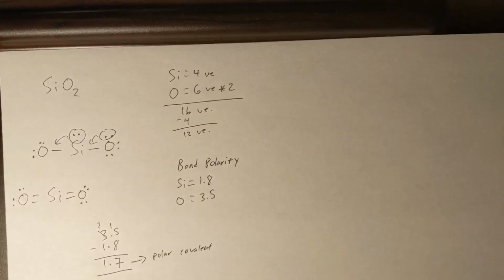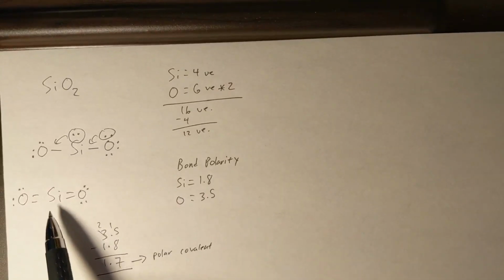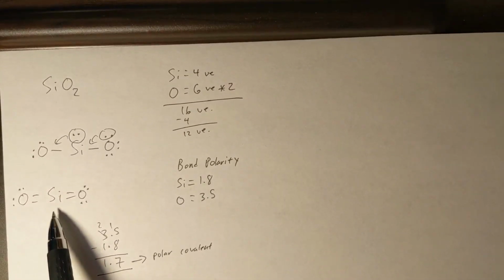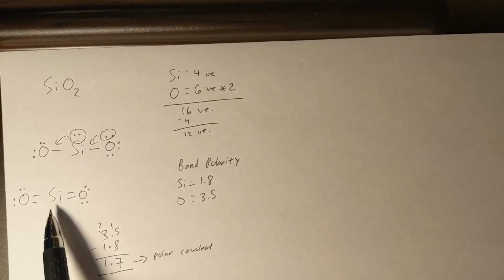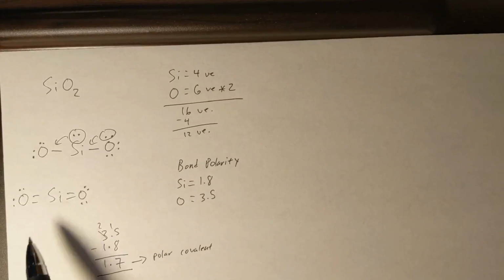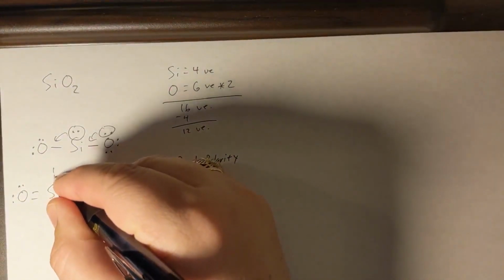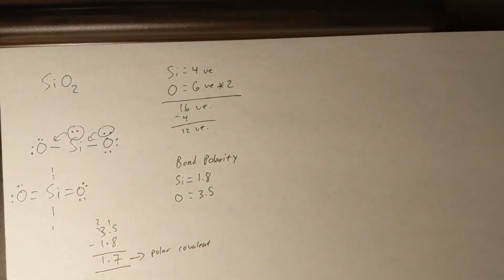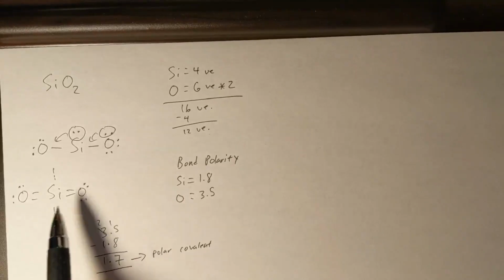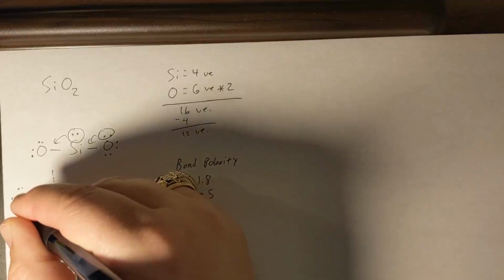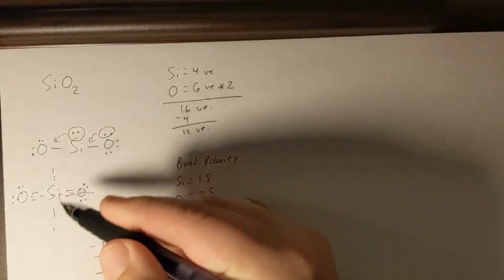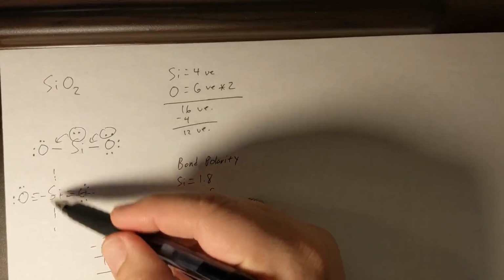Now, the last question that we have to ask is, from our Lewis structure, are there any lone pairs on this silicon atom? And we can see that there are no lone pairs. Is this molecule symmetrical? It is. We've got symmetry this way, which would divide the molecule the same left and right. And we also have symmetry through the center that would divide the molecule top to bottom.